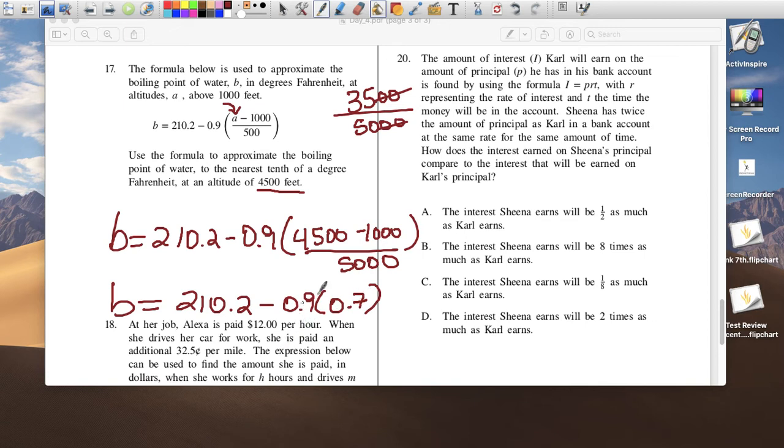Now look how simple that is. So B equals 210.2 minus 0.7 times 0.9. 0.7 times 0.9 equals 0.63. And if you subtract that, 210.2 minus 0.63, it's going to be 209.57 degrees.